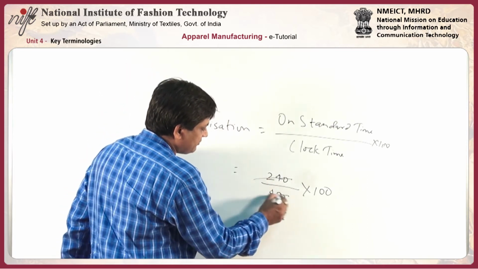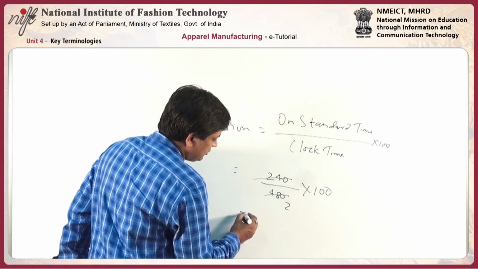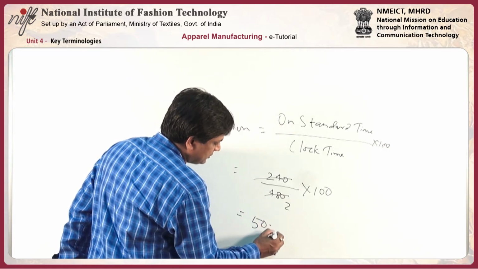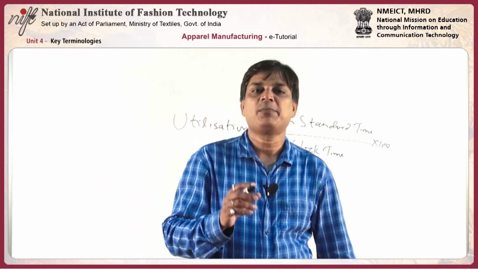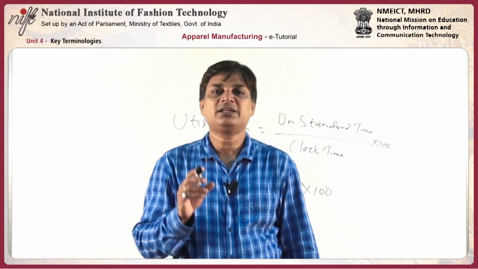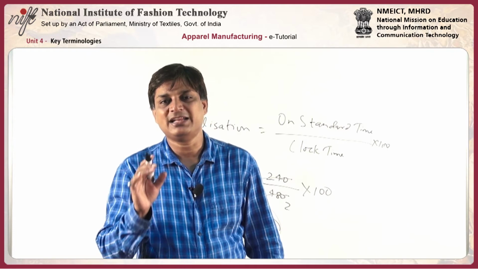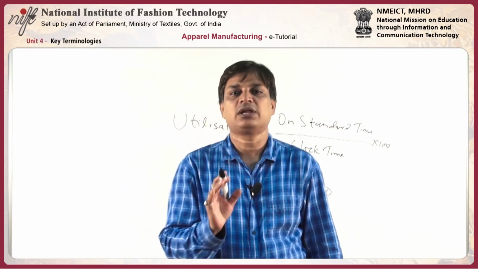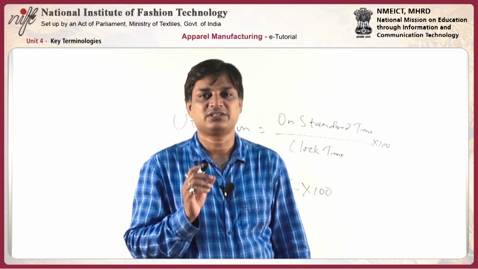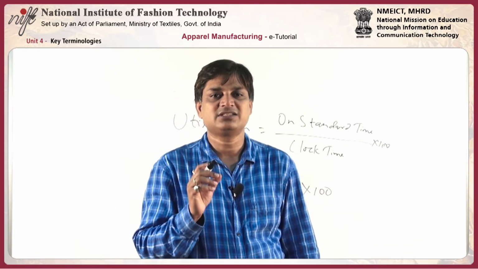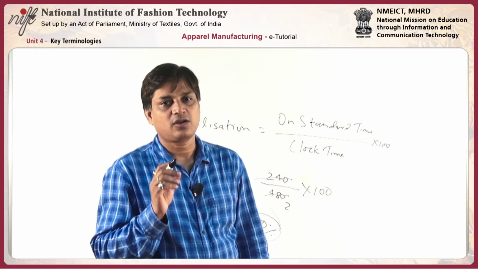In this case utilization is only 50%. Although the operator was inside the factory for a complete 8 hours, the management has utilized him only for 4 hours out of 8. So utilization is on standard time by clock time.